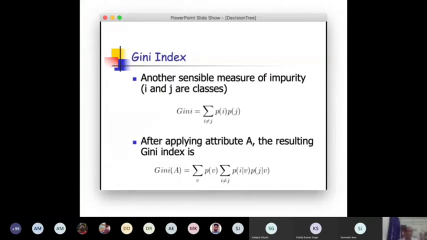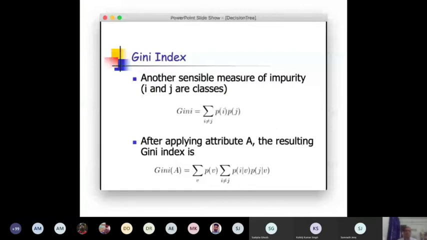Maybe it has been shown with respect to probabilistic interpretations. But this probability of V is the probability of an attribute value of A given S, which is basically the fraction of times V occurs with respect to the total number of elements in that set S. Similarly, probability of I given V is the probability of class I in the partition induced by the value V, and probability of J given V is the probability of class J in the partition induced by V. So it's the same way you are computing.